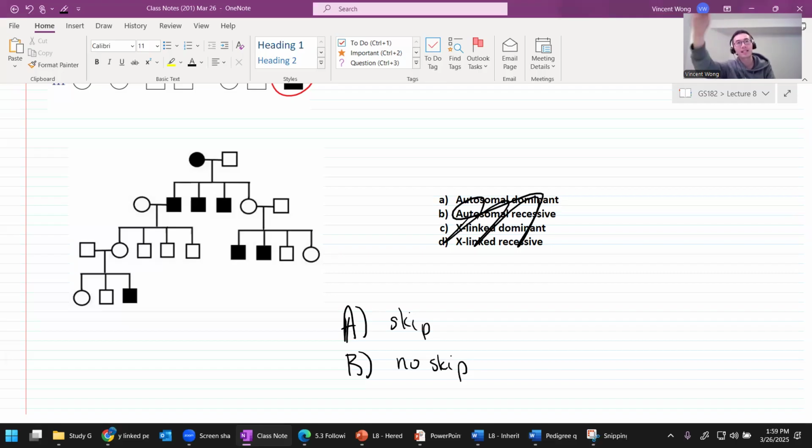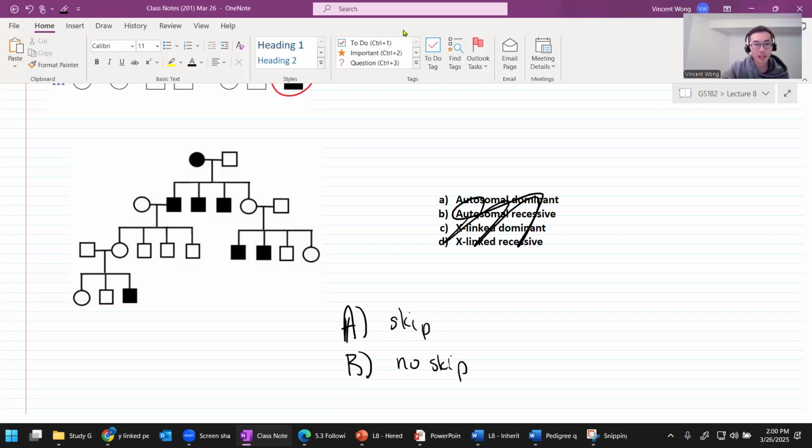Skipping means it doesn't show up in every generation within a branch. No skipping means there is someone having it in every generation. Anyone else before I review the answer?